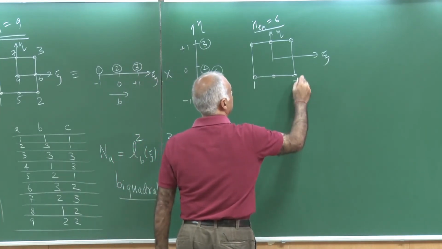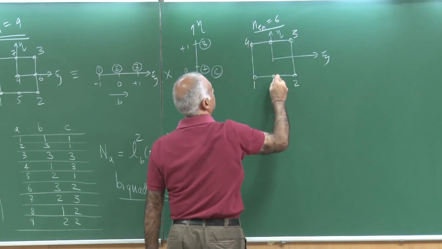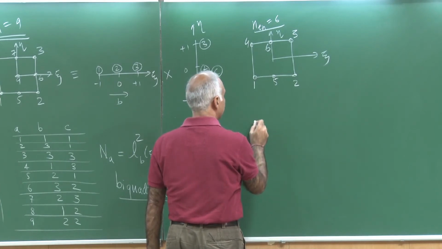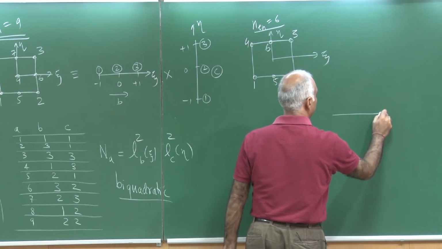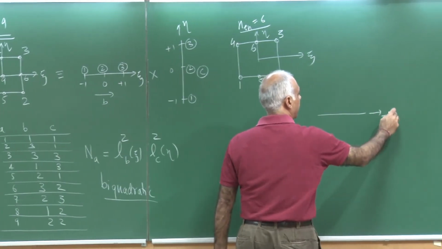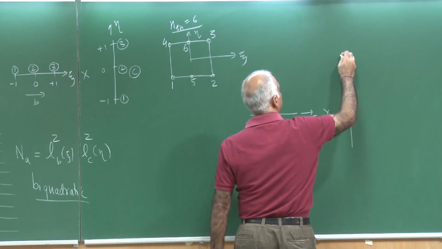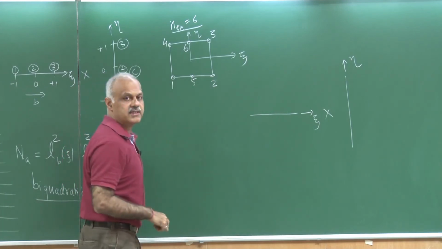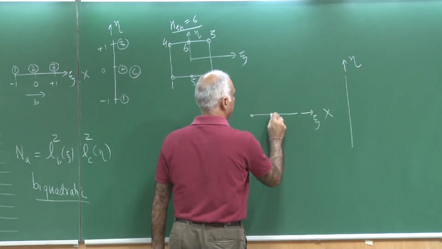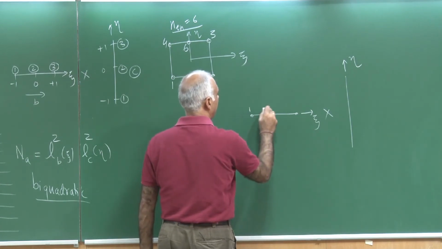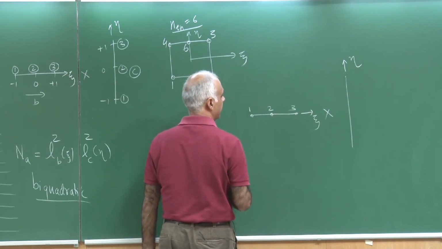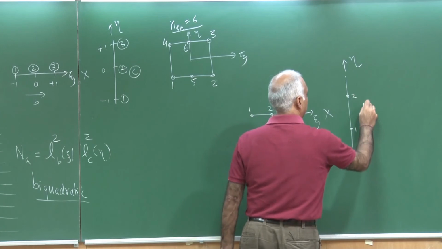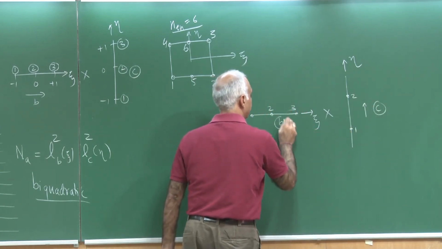So, these are nodes 1, 2, 3, 4, 5 and 6, and the proposal is I would take elements along xi, marry them with polynomials along eta. So, I will take second order along the xi direction. So, these are 1, 2 and 3, and in the eta direction I will take only, this is C, this is B.